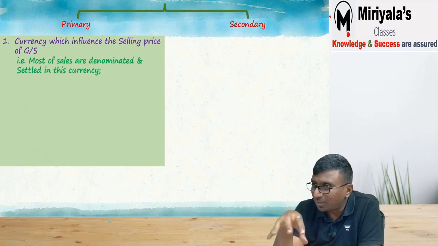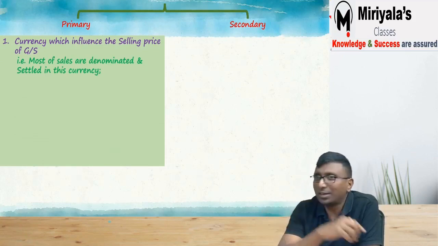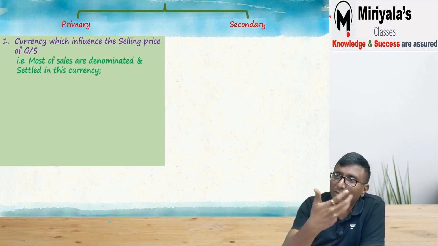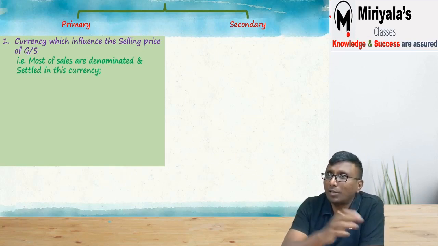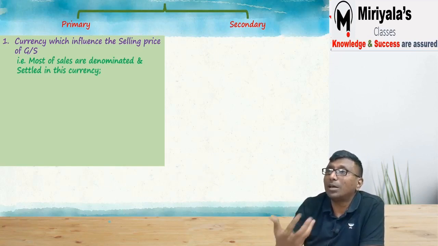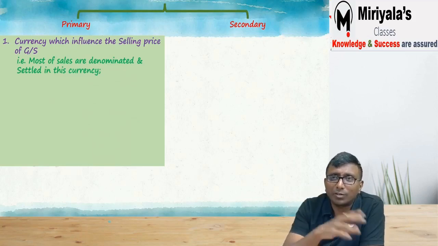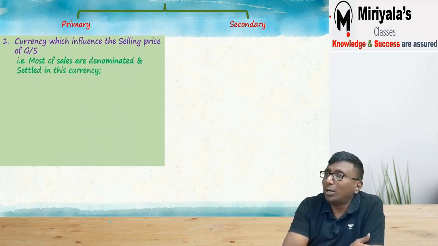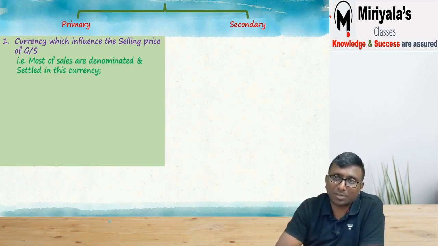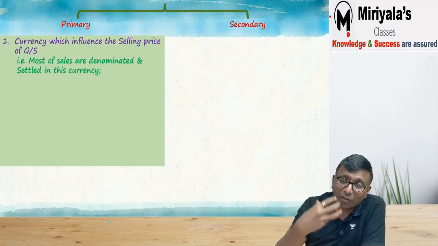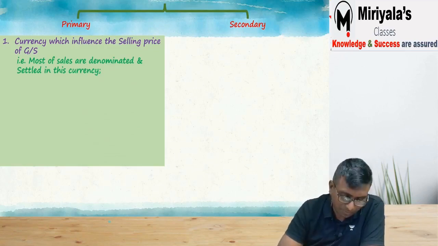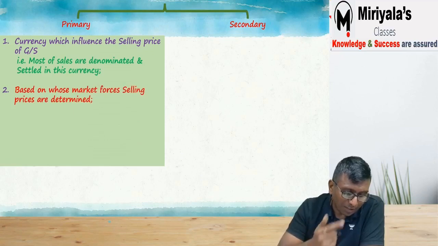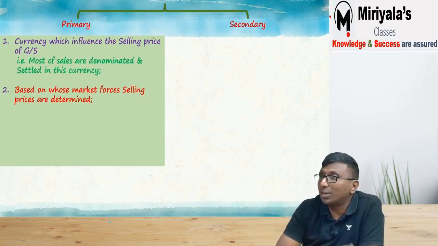Will you consider Indian competitors, or will you fix it based on US market competition? Obviously the US market rate. Why should I base it on the Indian market or economy? When my sales are majorly over there, that is what I will do. So the second mark is for the currency whose market forces determine the selling price.